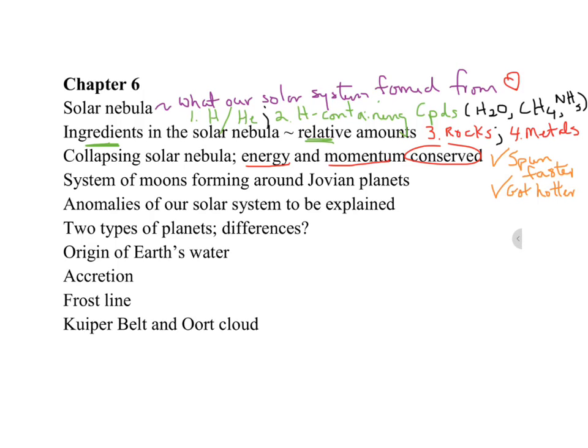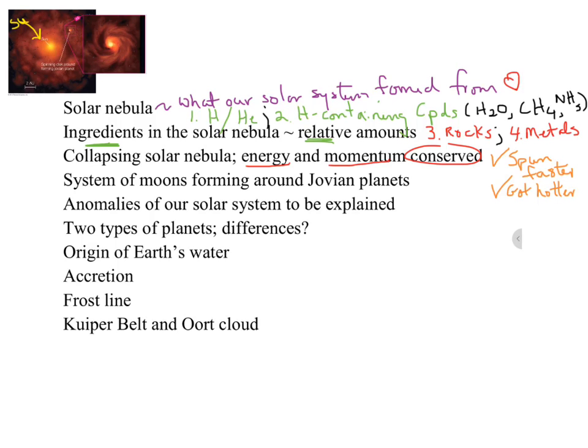Just like when a skater brings her arms in, she spins faster and faster, so also did our solar system. And we converted some gravitational potential energy to thermal energy. So we spun faster and we got hotter.